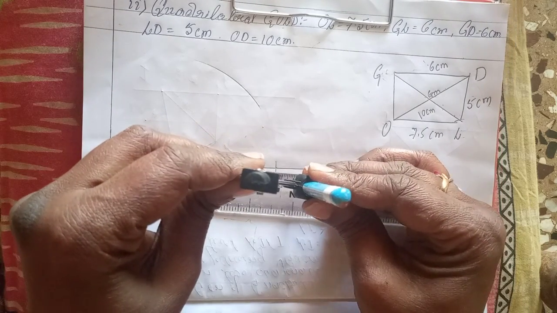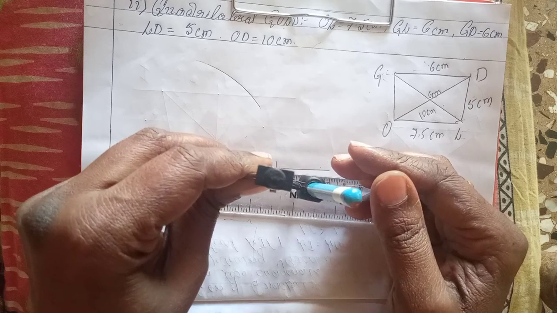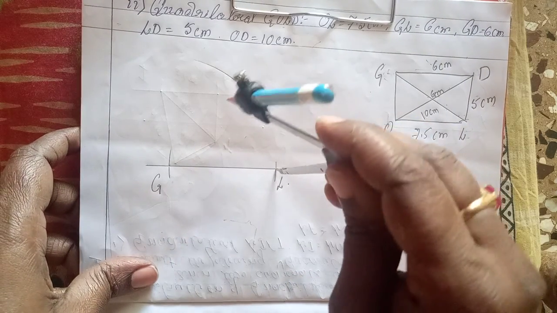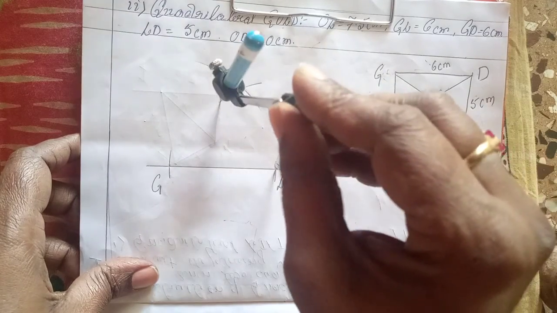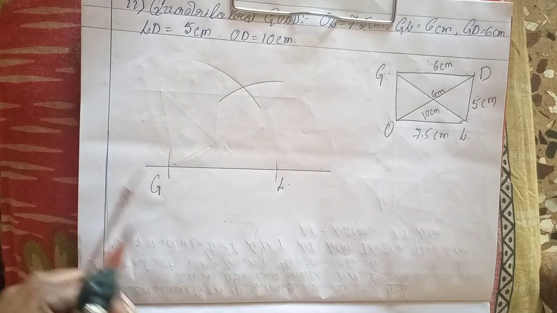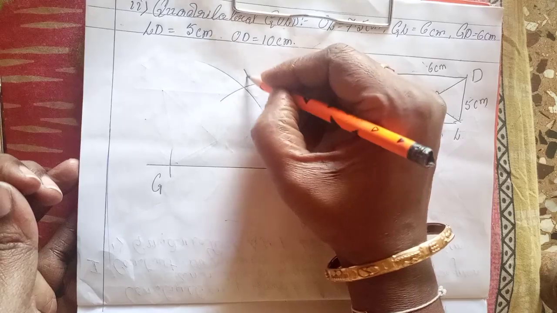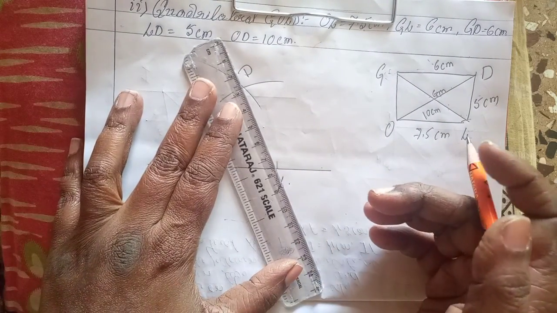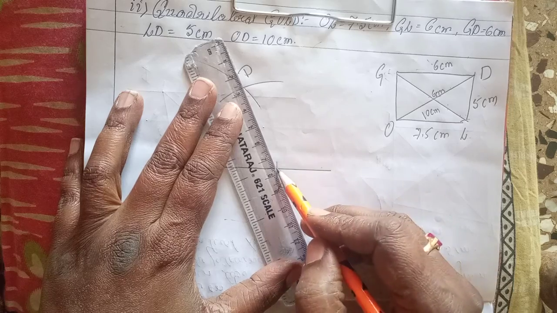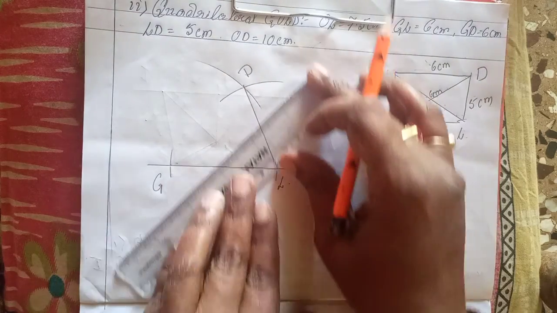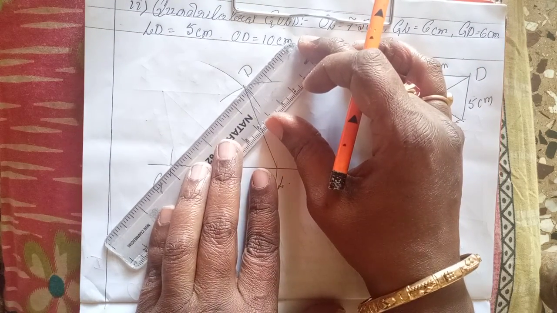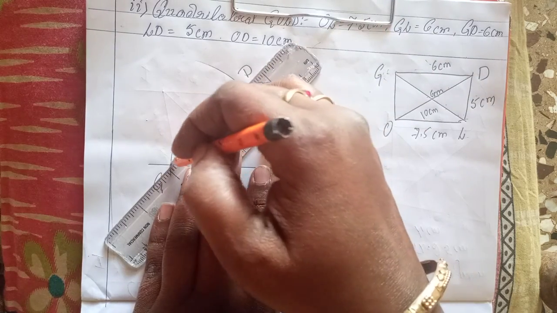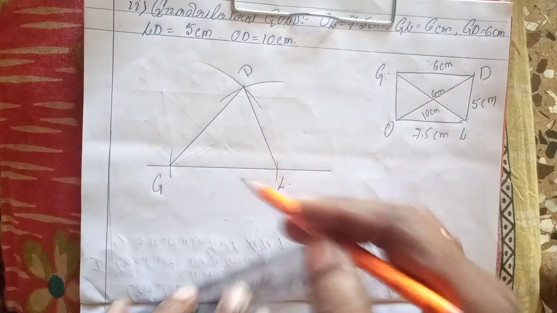Take the measurement 5 centimeter, exactly 5, and make a cut pointing on the point L like this. Yes, it's very easy. Here make the point as D and join GD and LD.